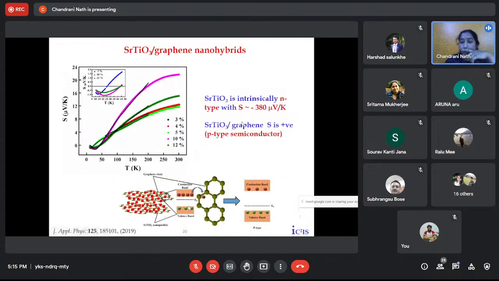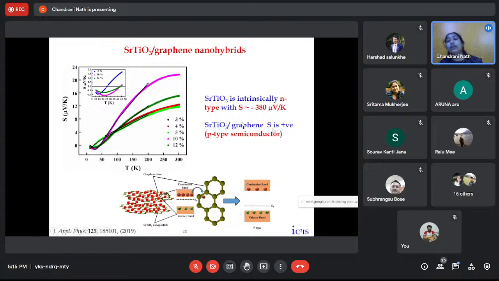Let's move to our thermopower graph. Here we got one interesting result. Strontium titanate by nature is N-type, with S close to minus 380 microvolt per Kelvin. But what we found interesting is that our nanohybrids were P-type.